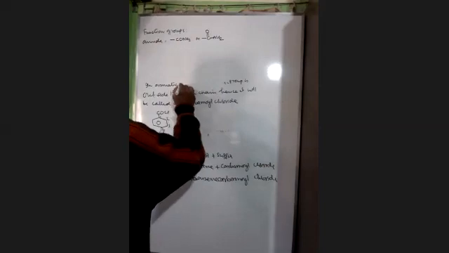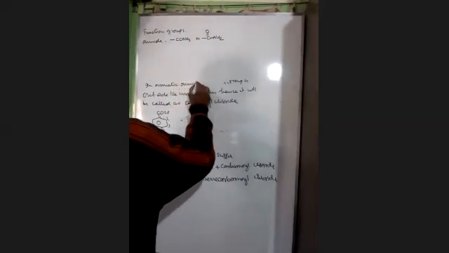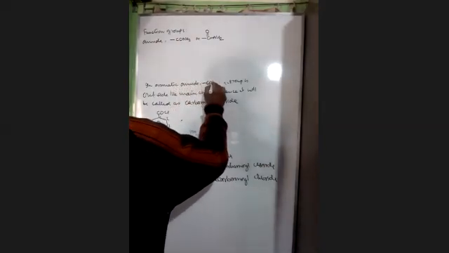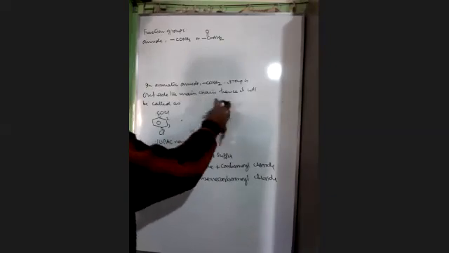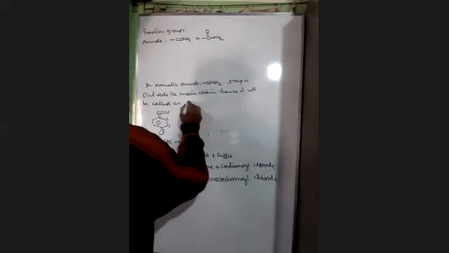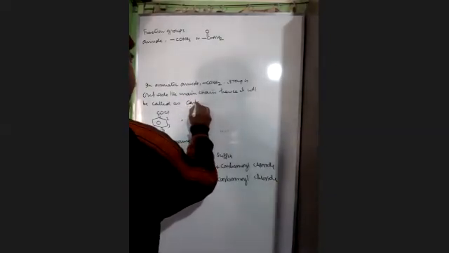So aromatic amide. The CONH2 group is called carboxamide.